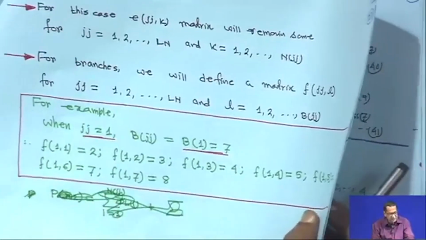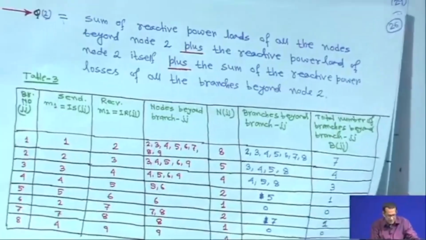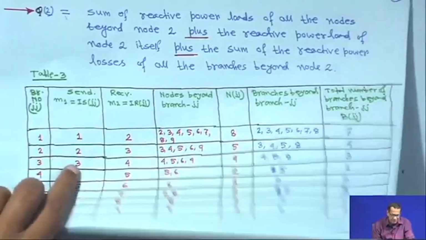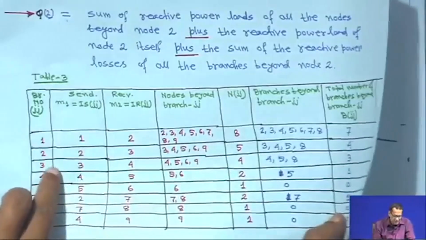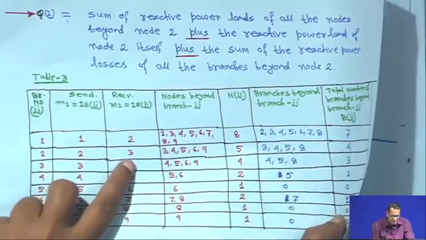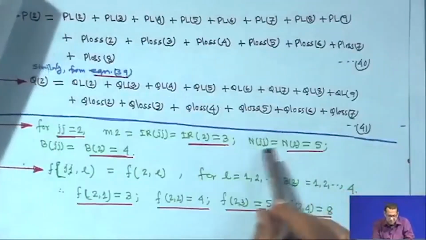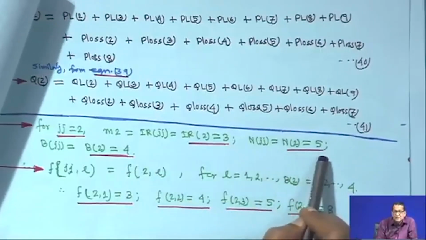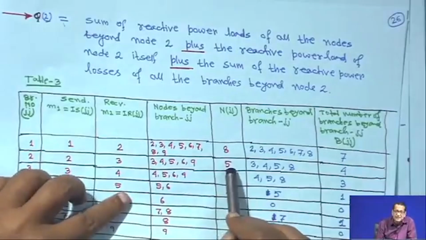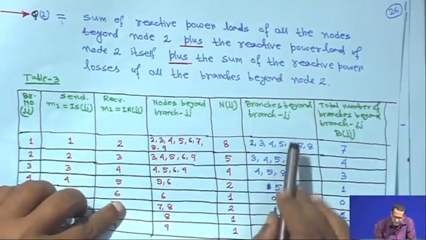For jj is equal to 2, that means this branch, right. For jj is equal to 2, M2 is equal to 3, the receiving end node, because it is M2 is equal to IR2 is equal to 3. So, M2 is equal to 3 and N_jj is equal to N2 is equal to 5. This is already there, this we have done same as before, but for the branches it will be branches beyond.